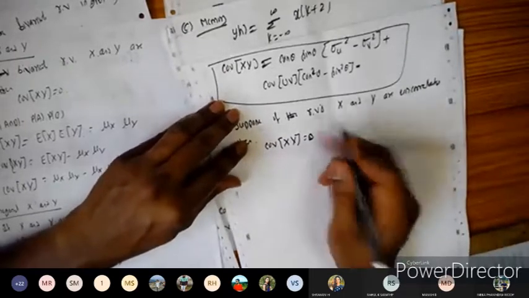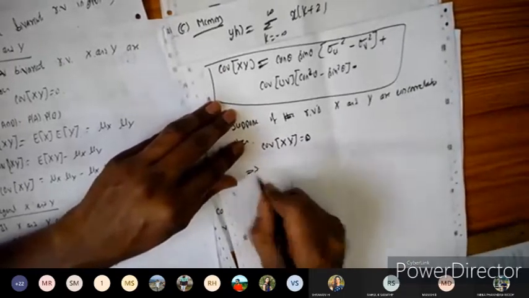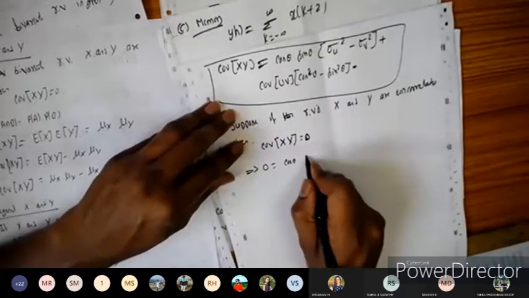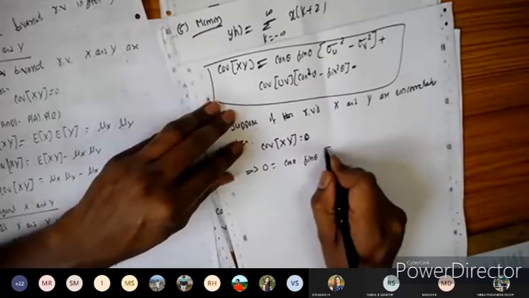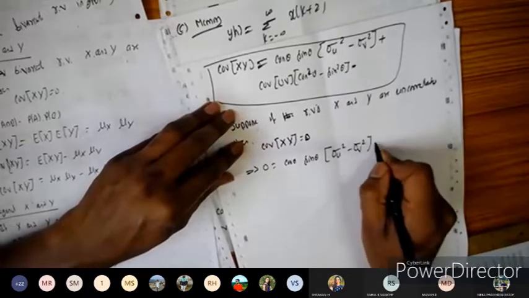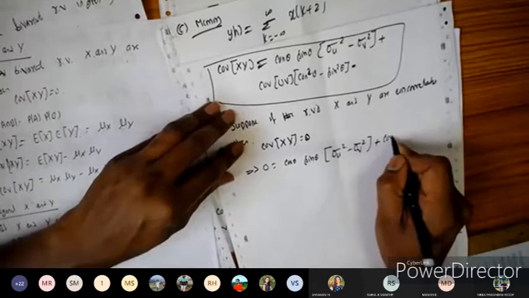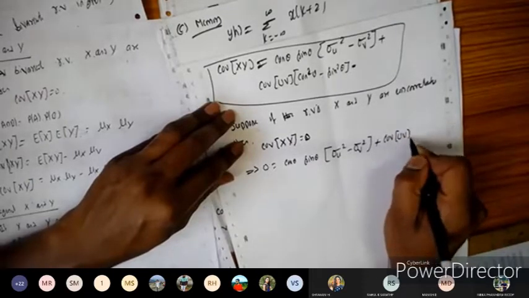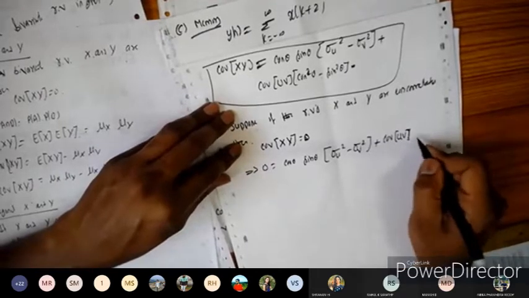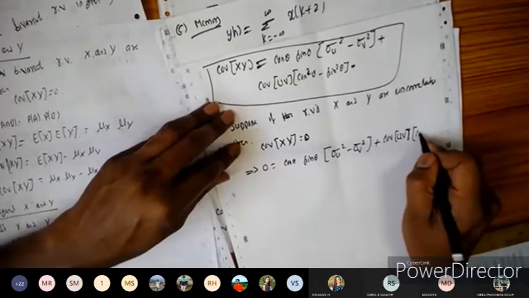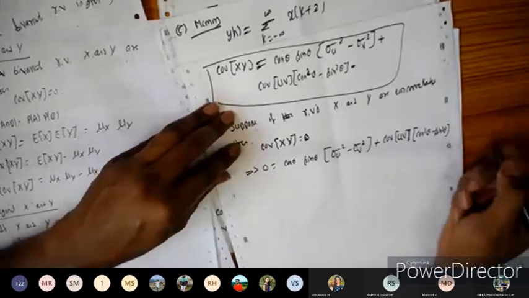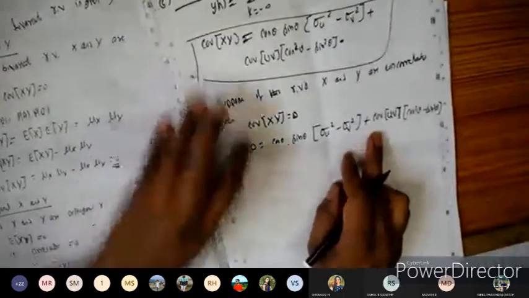So this implies that 0 is equal to cos theta into sin theta into sigma u square minus sigma v square plus covariance of the random variables u and v. We are not considering u and v to be uncorrelated, but it depends here, into cos square theta minus sin square theta. This will be equal to 0.